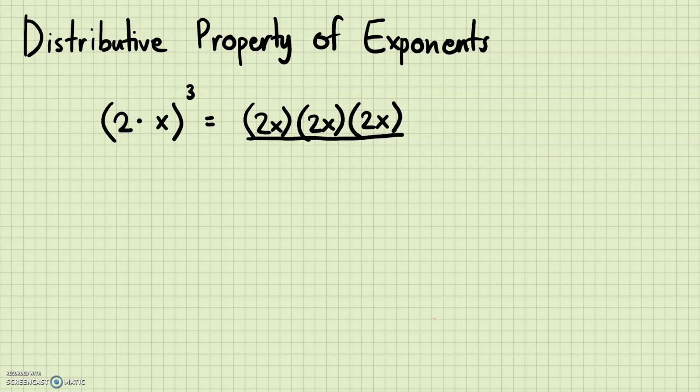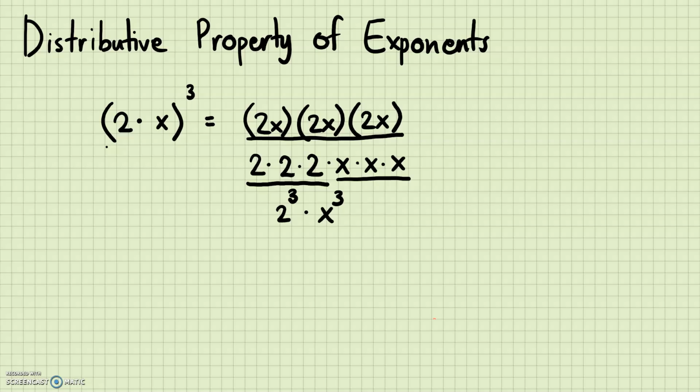So we can actually switch some of the orders here because multiplication is commutative. Let's put all the 2's together and all the x's together. We have a total of 3 2's and 3 x's. Now, the 3 2's we have here can be simplified to 2 cubed, and the 3 x's we have here can be simplified to x cubed.